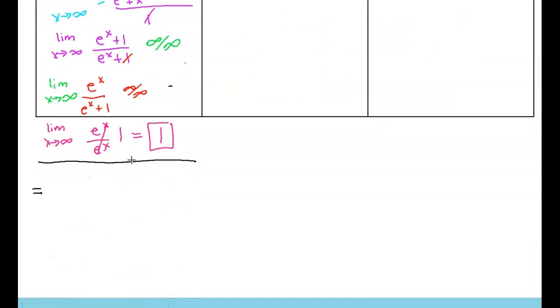Our original function is equal to e to that power, because natural log of z means it's base e, and that's what we found as our limit.